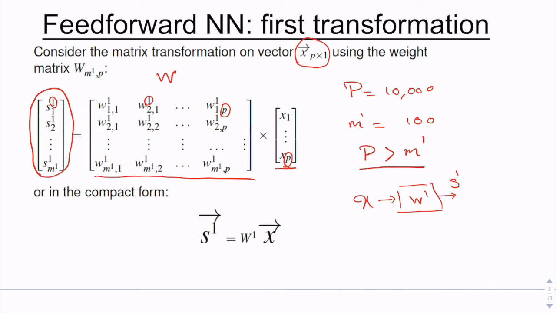Why do we use this superscript? Because in this process there might be a chain of transformations, because after this I may have another stage, W2, I may have W3. It depends on how many layers I'm going to use.